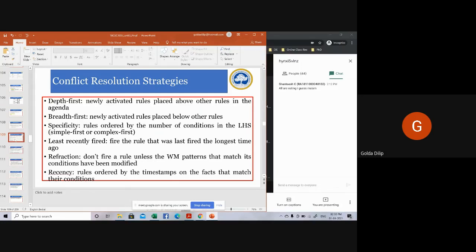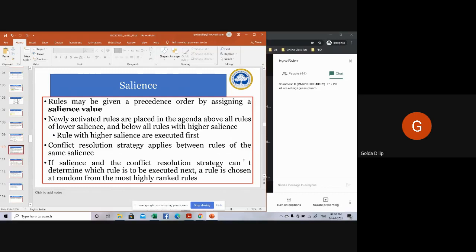One conflict resolution strategy is what is called salience. With salience, you assign what is called a salience value. Salience allows more important rules to stay on top of the agenda, regardless of when they were added to the knowledge base.